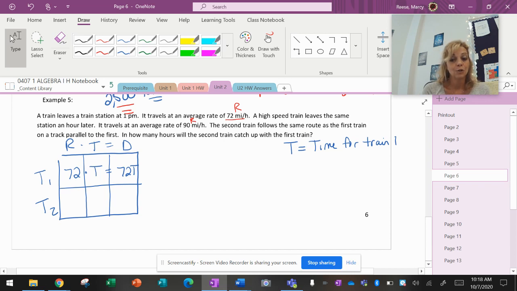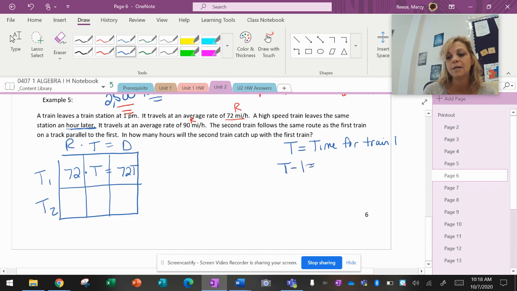Okay, the second train follows the same route as the first train on a parallel track to the first, right? And that train leaves an hour later. So whatever the first train travels, the second train is an hour later.